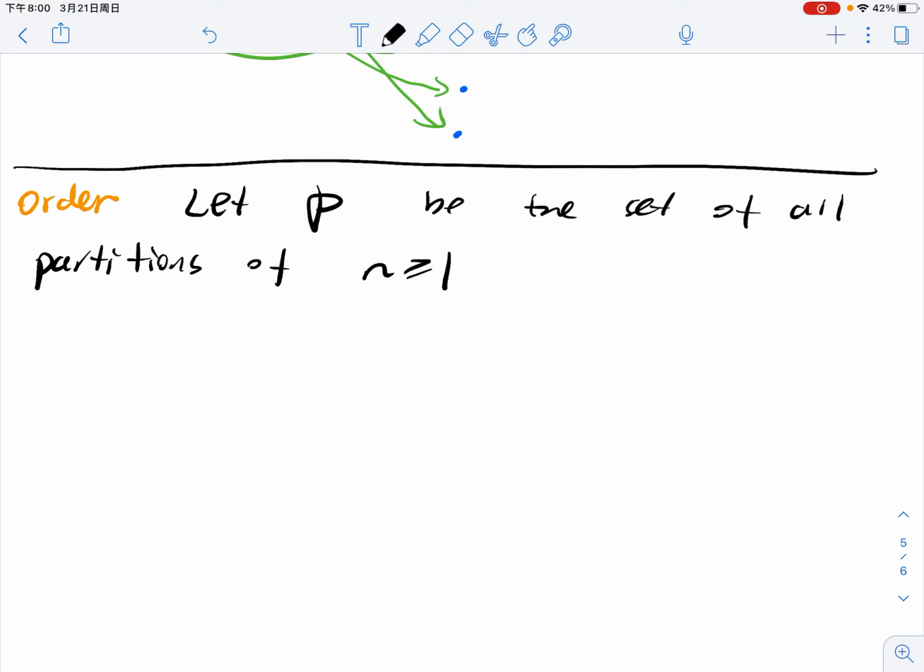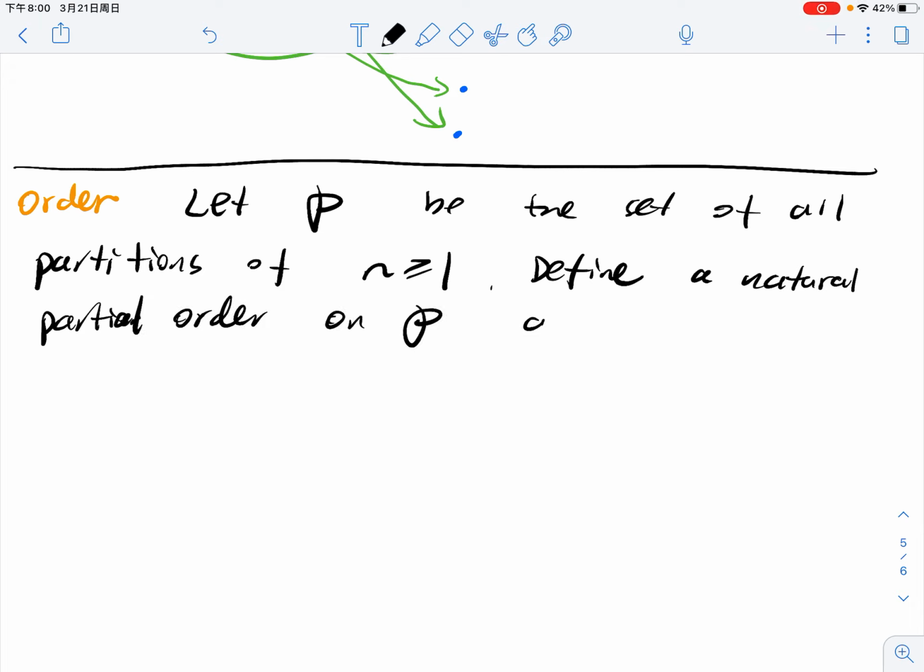This is a more general way, that is, the number N can also change. So define a natural partial order on P as follows.